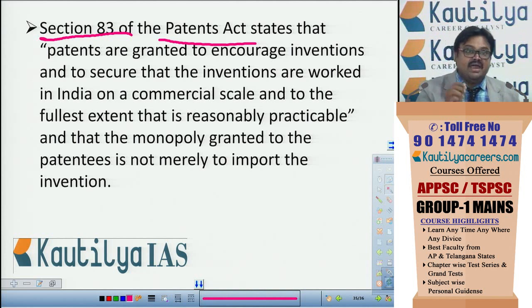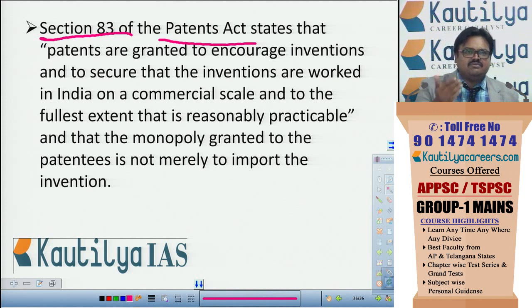So these patents are issued to encourage inventions within India and to commercialize them within India. The monopoly granted to the patentee is not merely to import the invention. That is what Section 83 is talking about: the commercialization of that particular invention, and also technology transfer.